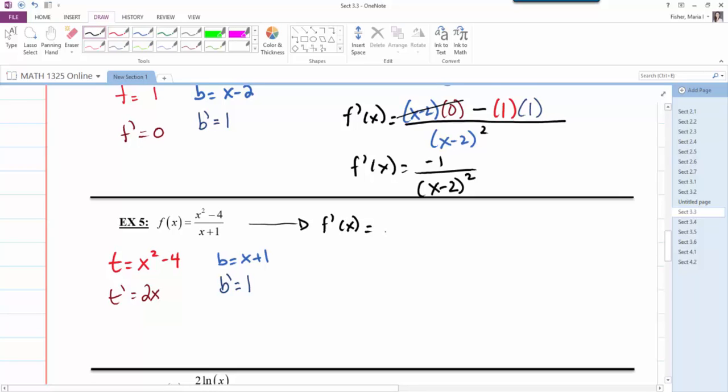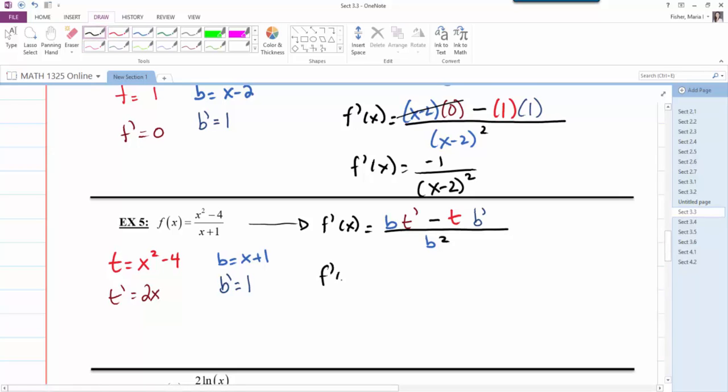F prime of x is going to equal the bottom times the derivative of the top minus the top times the derivative of the bottom all over the bottom squared.